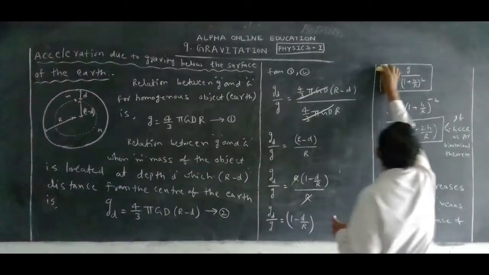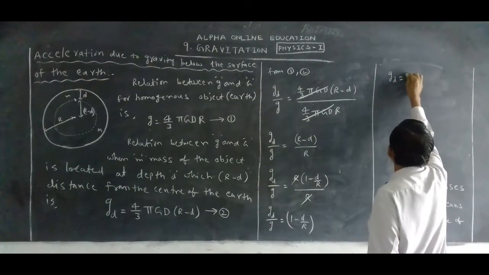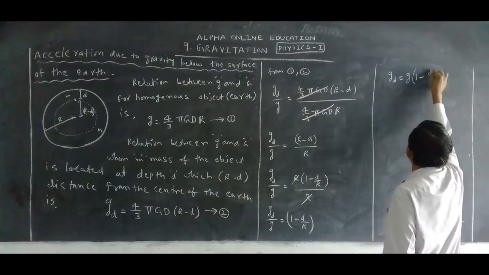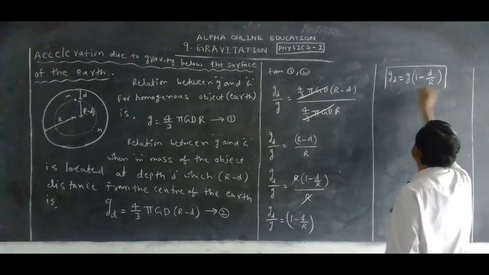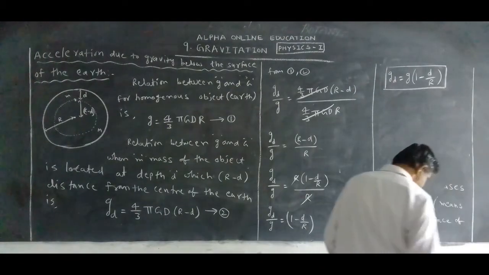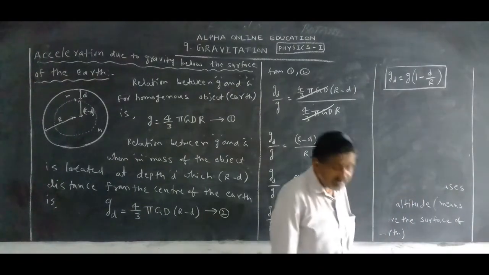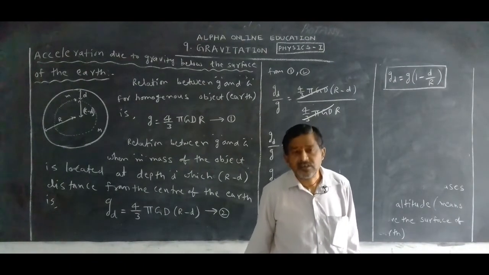And finally what we get is g_d is equal to g into (1 minus d by R). This is the acceleration due to gravity at depth inside the earth.